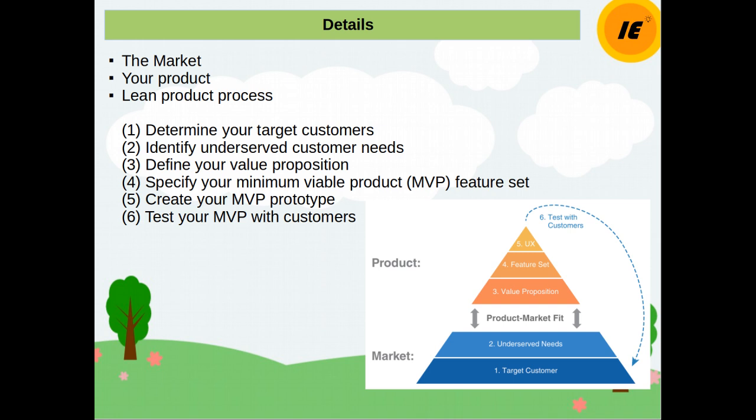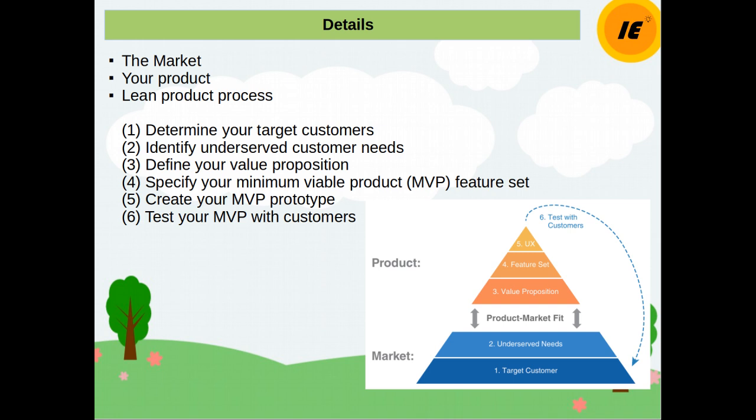Here you have to go iteratively. After finishing one step, from the bottom of the pyramid, you understand the target market and target customer, then their need and value proposition, and then the product. Then you test that product with the customer again.